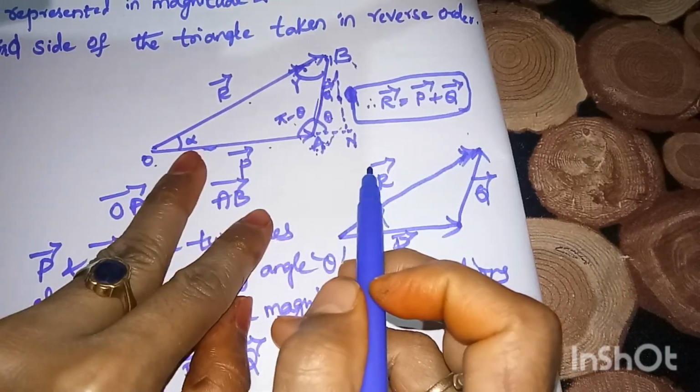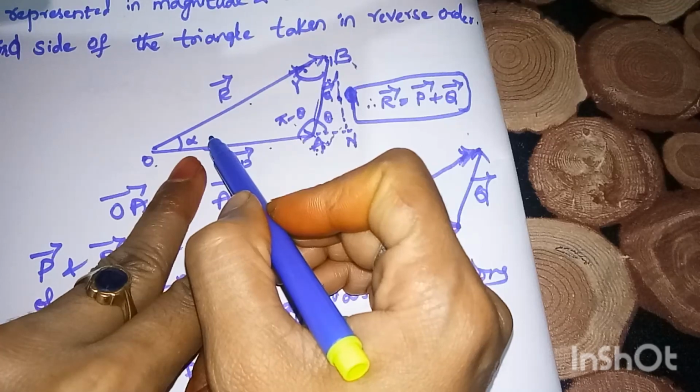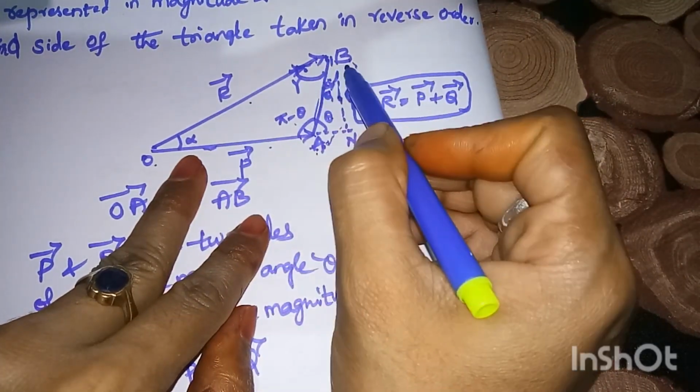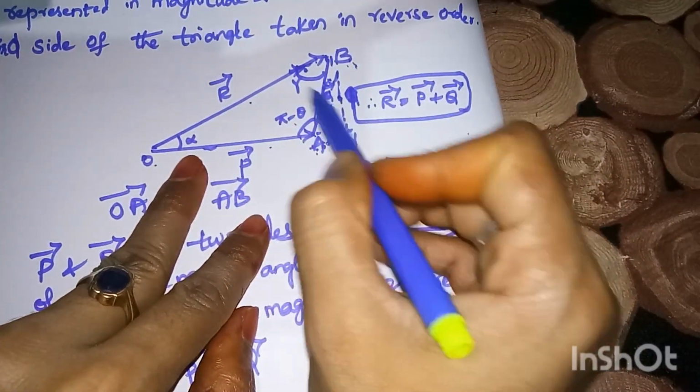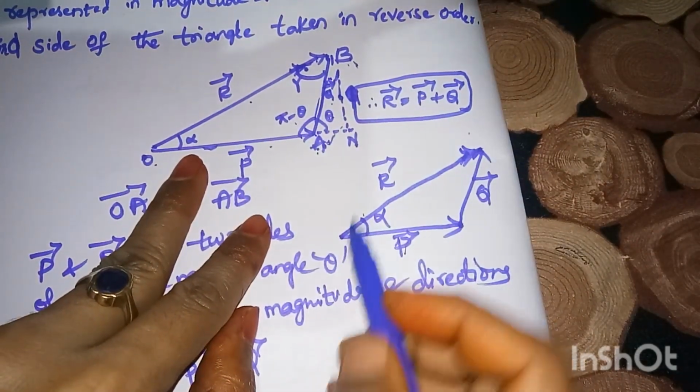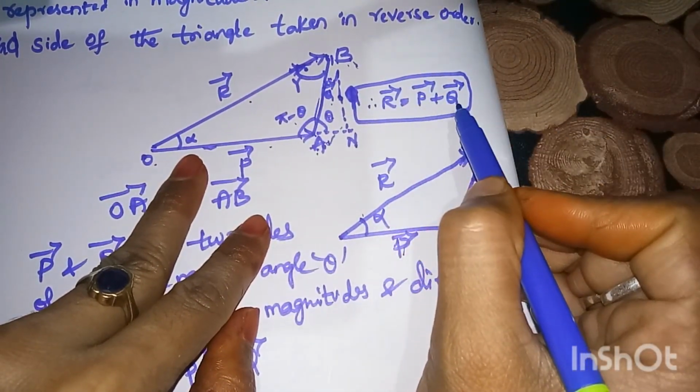The angle between the first vector and the resultant is alpha, and the angle between the second vector Q bar and R bar is gamma. So R bar equals P bar plus Q bar.